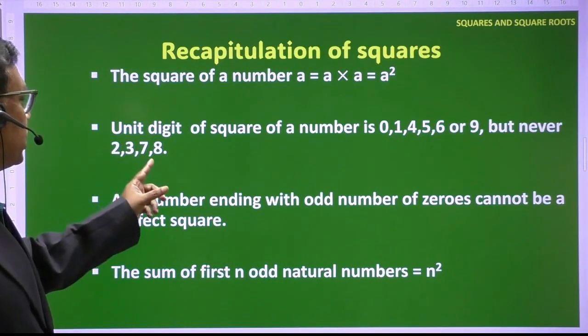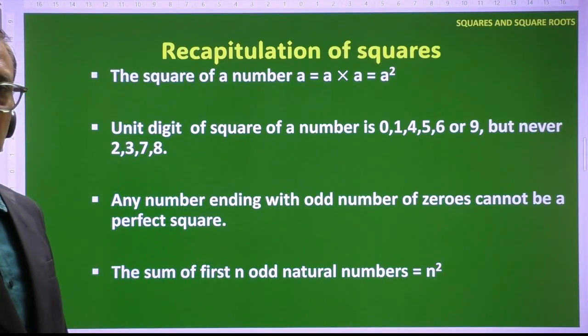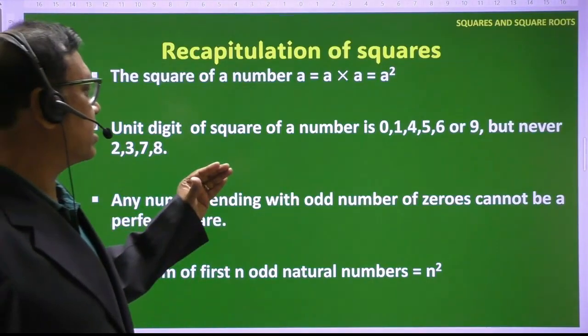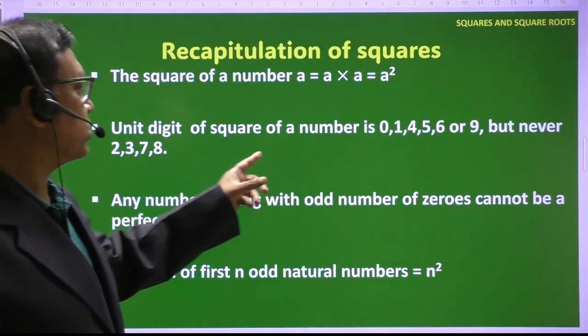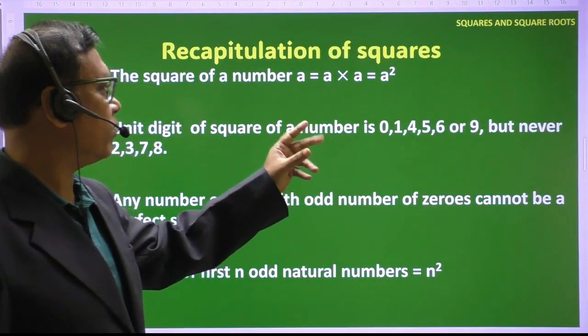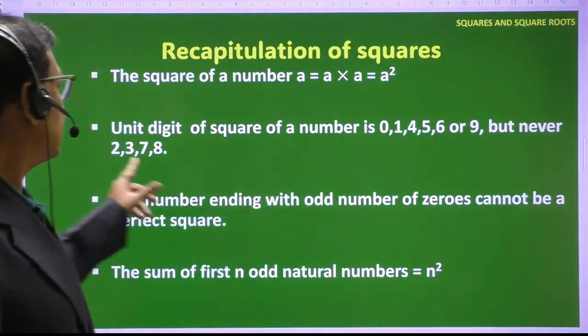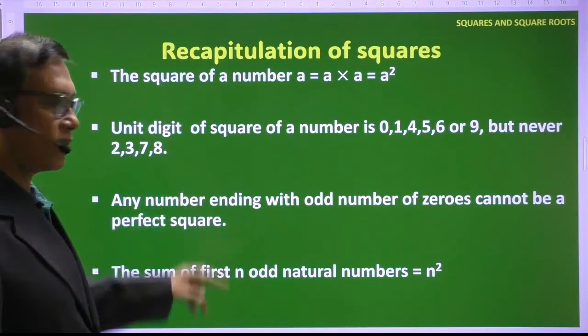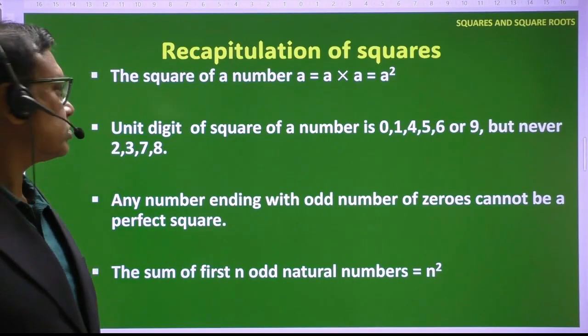Now the unit digit of the square of a number. If we take the square of any number, then the unit digit will be 0, 1, 4, 5, 6 or 9, but never 2, 3, 7, 8. Yes, please try to remember, we have learned it.